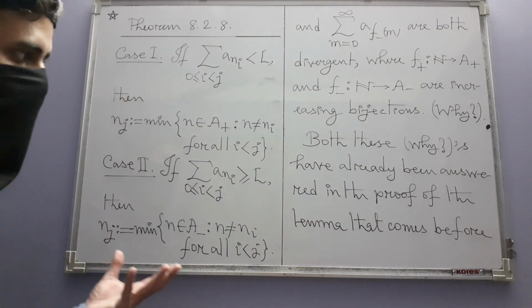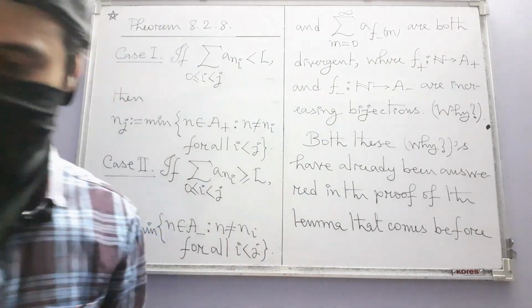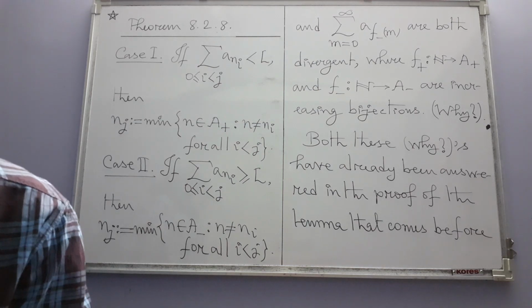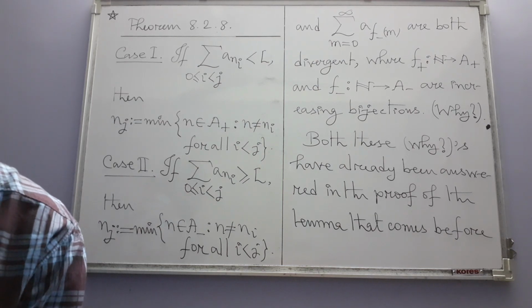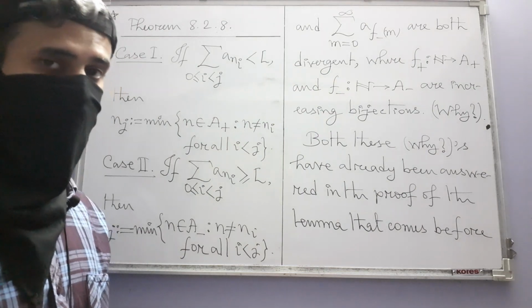Now the third why is about these two things, case 1 and case 2. And the third why states that both the cases occur infinitely often.